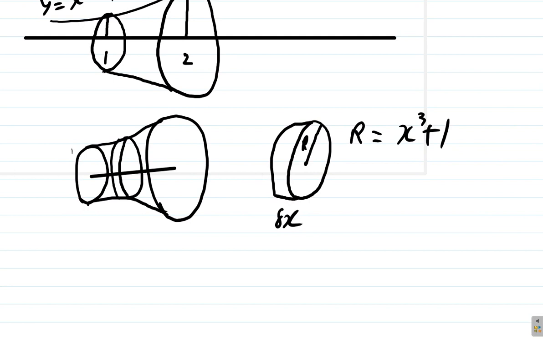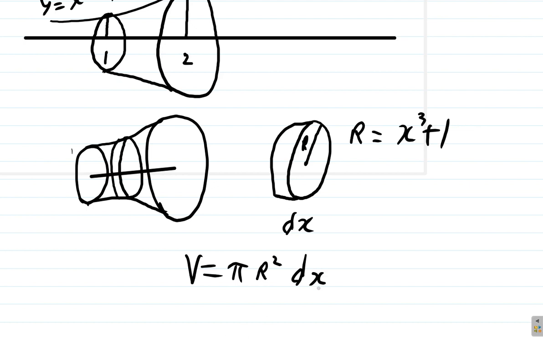So when delta x tends to 0, you call it dx. It's really a cylinder. The slice is a cylinder. So the volume is pi times r squared times h. But the height is dx. So it's pi r squared dx.